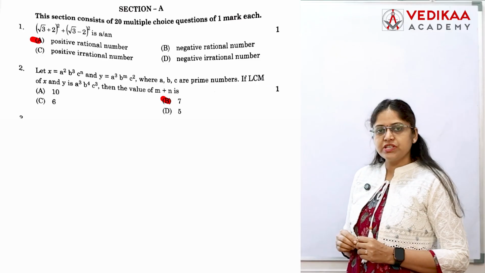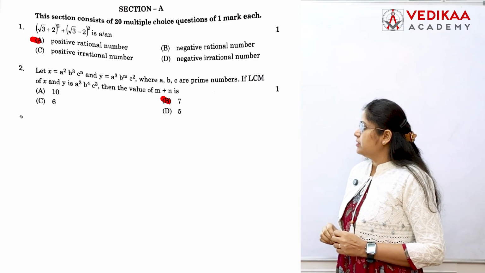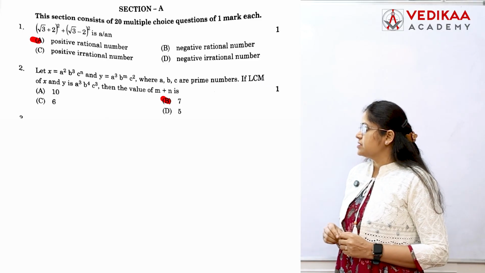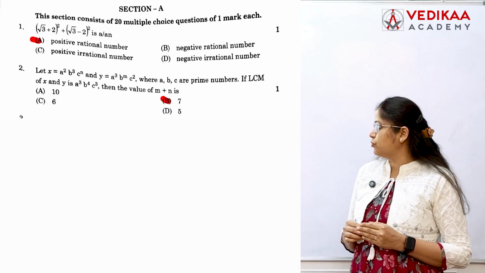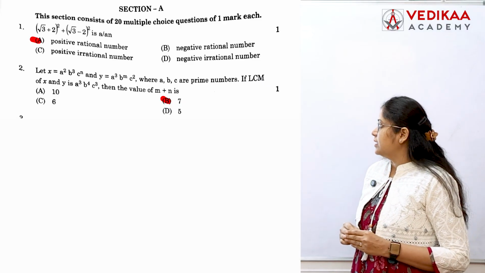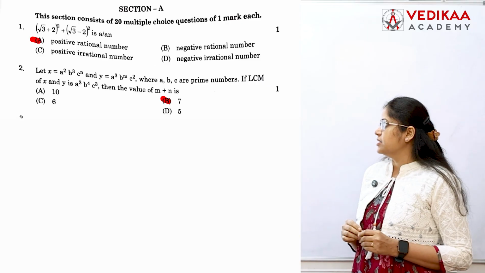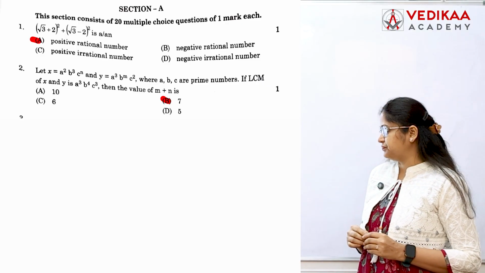Then b raised to 4 is given to you. So here we can see that the highest power will come in y, that is b raised to m. So we can calculate the value of m as 4. Similarly, we can calculate the value of n as 3. And the value of m plus n is nothing but 7. So question number 2, answer is B, 7.